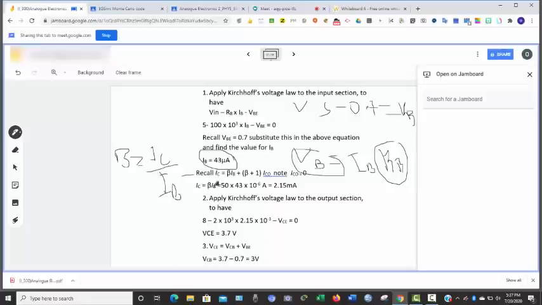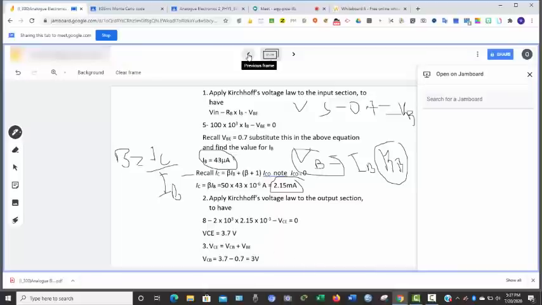And if you look at it, IC over IB will give us beta, which is equal to HFE. So in this place, I can get what is my IC. So my IC is 2.51 milliampere.